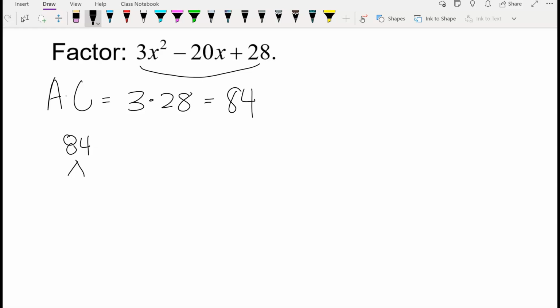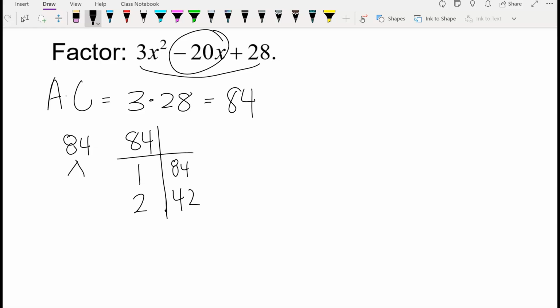You can do the tree or the chart method. It's up to you. So you have 1 and 84. We're looking for 20. So 2 and 42. 3 and 28, we just did that one. And then 4 and 21. 5 doesn't work.